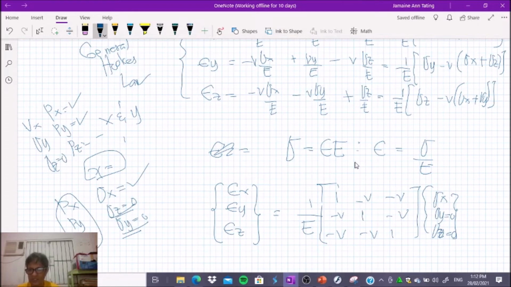Equate mo ulit ito sa 0. Ito naman, equate mo ito 0. Then, may value ito. Then, ito may value din. Lalabas, biaxial yan. Biaxial case. Ngayon, pag in-expand mo ito, lalabas itong equation na yan dyan. And that makes this topic easier than using the formula.